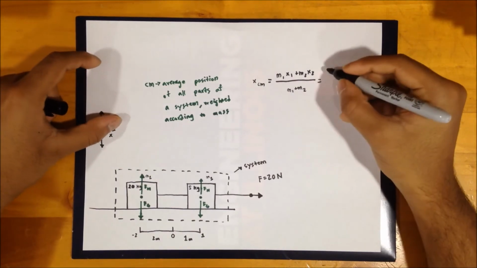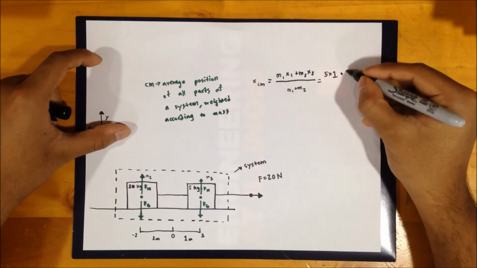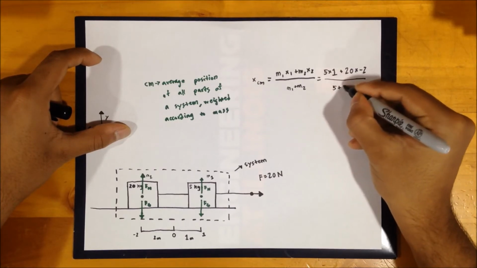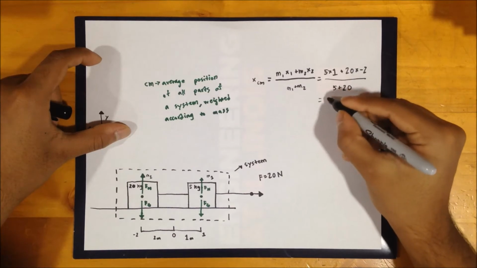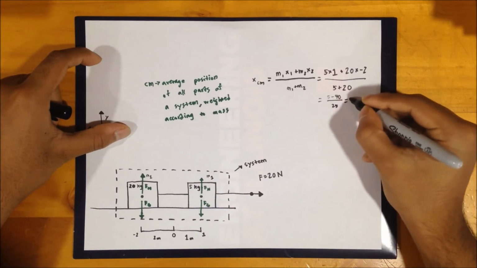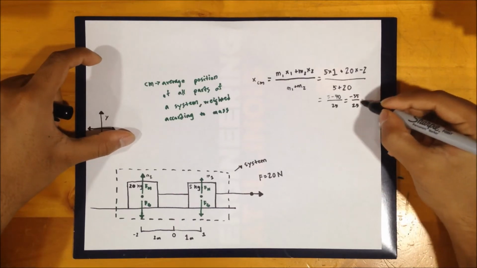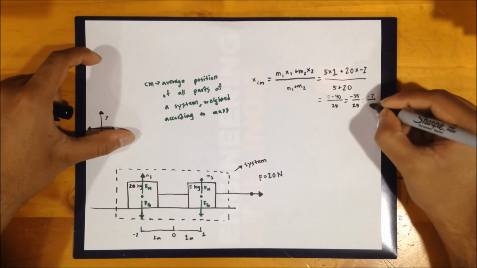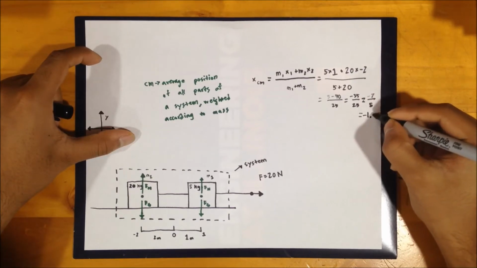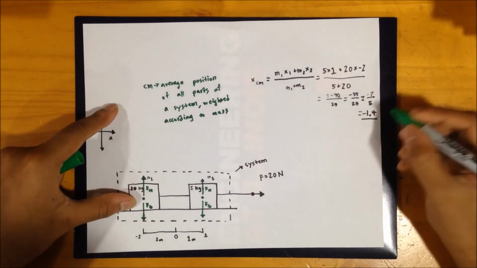So if we do the math, we get 5 times 1 plus 20 times negative 2, all over 5 plus 20, which is equivalent to 5 minus 40 over 25, which is negative 35 over 25, which simplifies to negative 7 over 5, which is negative 1.4. So we know that the center of mass is negative 1.4 in the x direction.